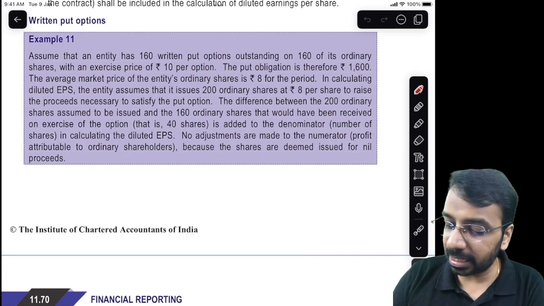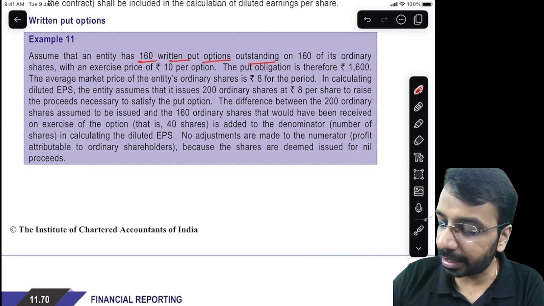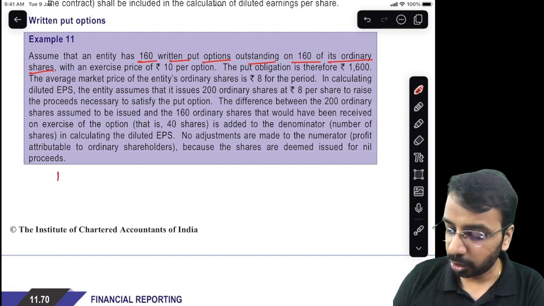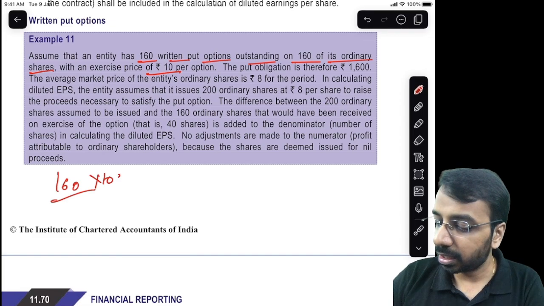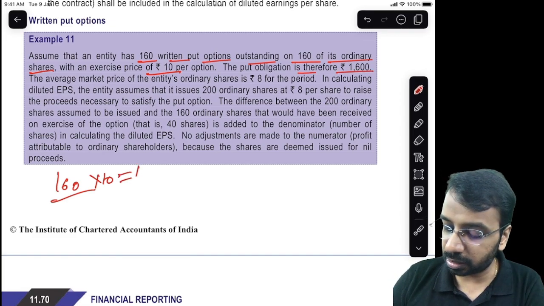So let us say an entity has 160 return put options outstanding on 160 of its ordinary shares. So 160 shares they will buy back at an exercise price of 10. The put obligation is therefore 1600. So this is worth 1600.